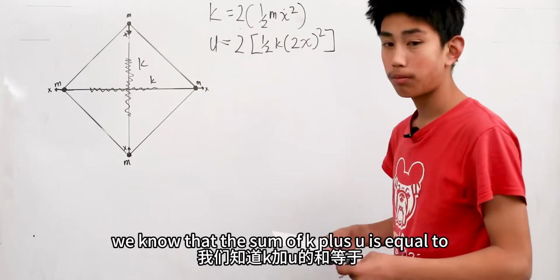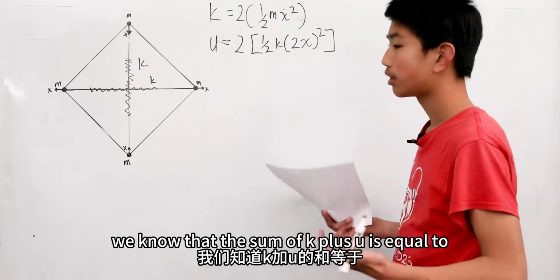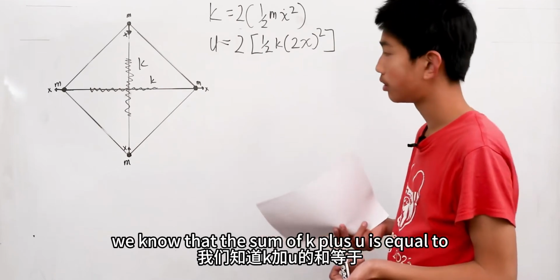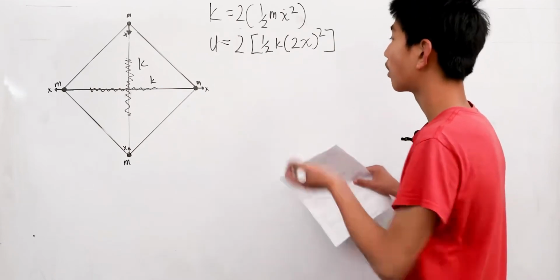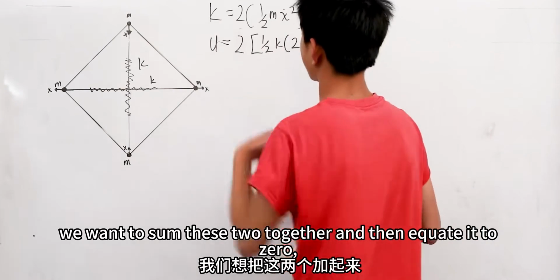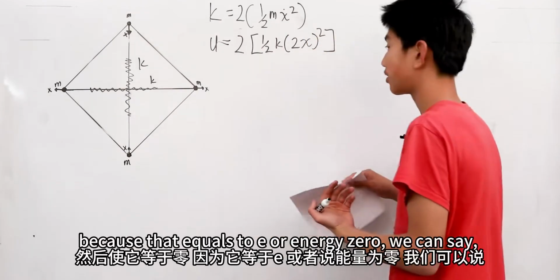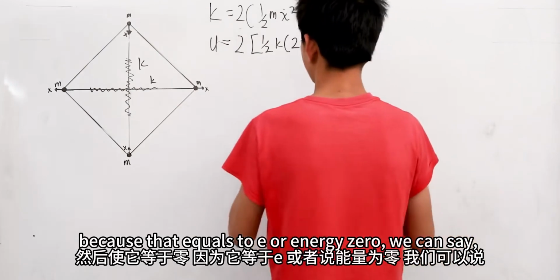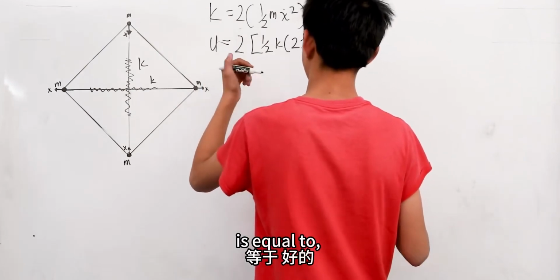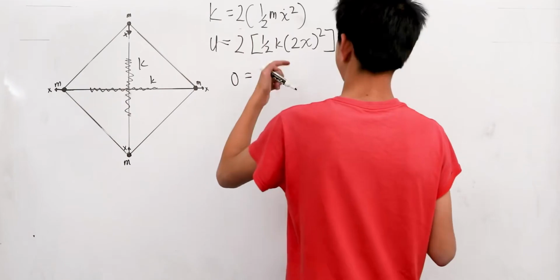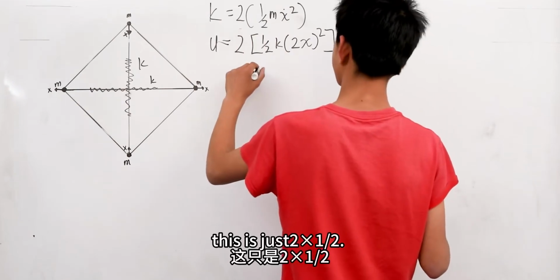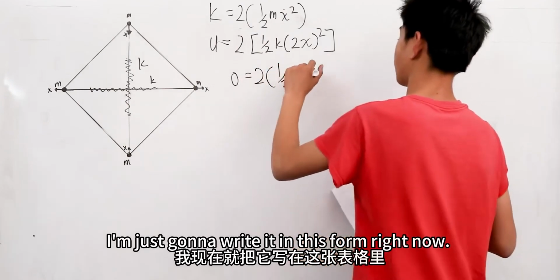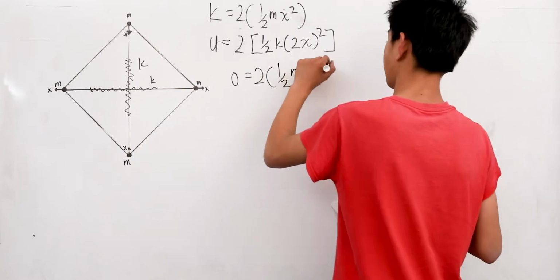Now, we know that the sum of K plus U is equal to, well, we want to sum these two together and then equate it to 0, because that equals E, or energy. So 0, we can say, is equal to 2 times 1/2 m x dot squared. I'm just going to write it in this form right now.